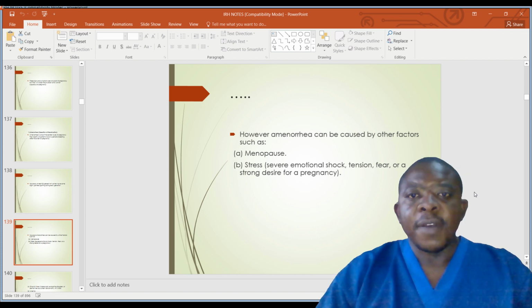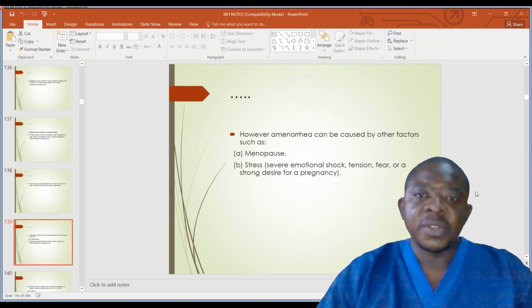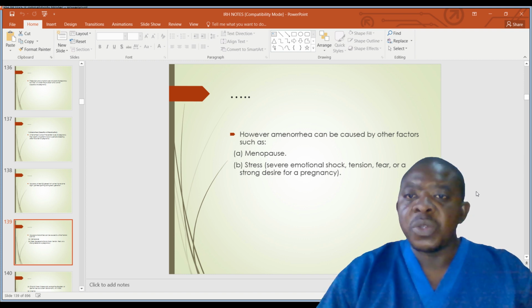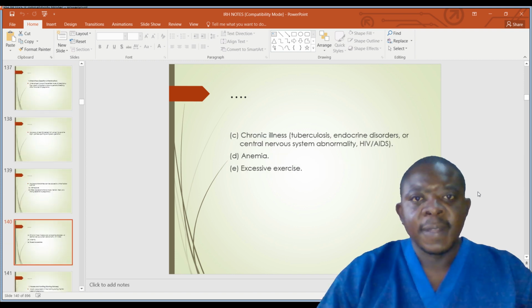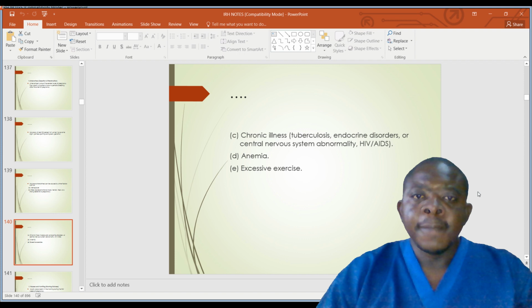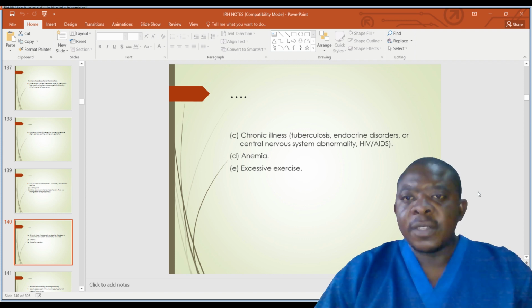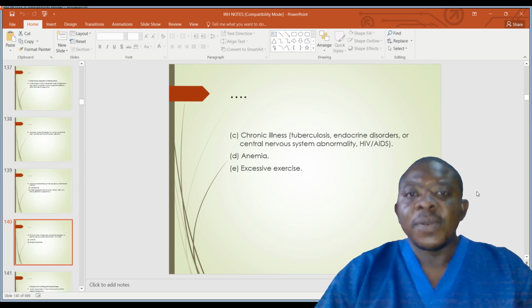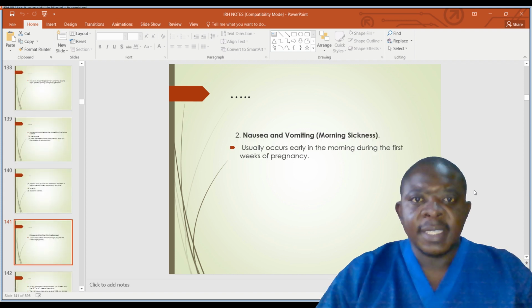However, amenorrhea can be caused by other factors such as menopause, stress, severe emotional shock, tension, fear, and the likes affect the menstruation. Chronic illness like tuberculosis and the likes also may affect menstruation. Anemia may affect menstruation. Excessive exercises may affect menstruation.